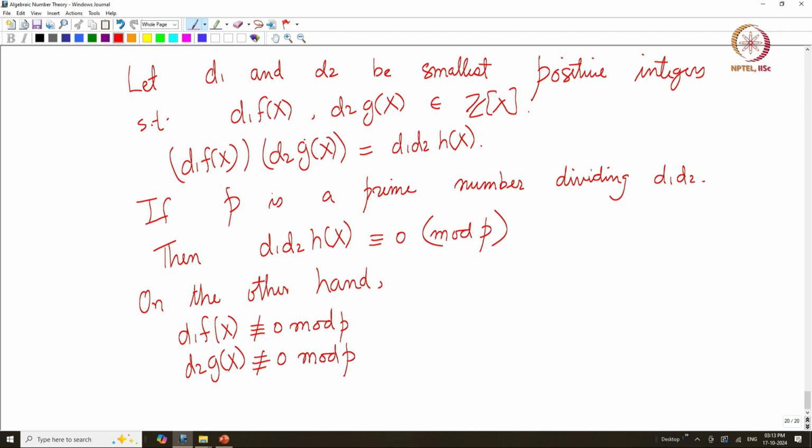Because if all coefficients of d1 f of x are divisible by p, then we can divide out by those coefficients and my d1 can be replaced by d1 over p, or my d2 can be replaced by d2 over p. Okay. So, one of those can definitely be replaced by the quotient d1 over p or d2 over p, and that will contradict the fact that d1 and d2 are smallest such choices.